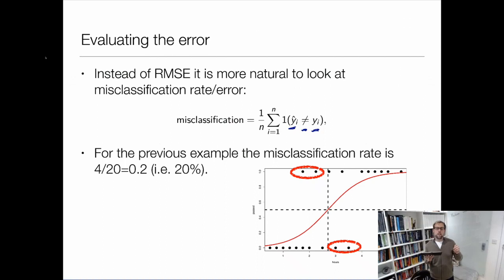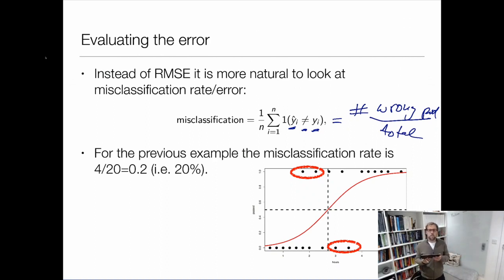If it's different, I will sum 1, and if not, I will sum 0. That's the same as counting. So this is just the number of observations where it's different, the number of wrong predictions over the total number of points here. That's what it means, basically.